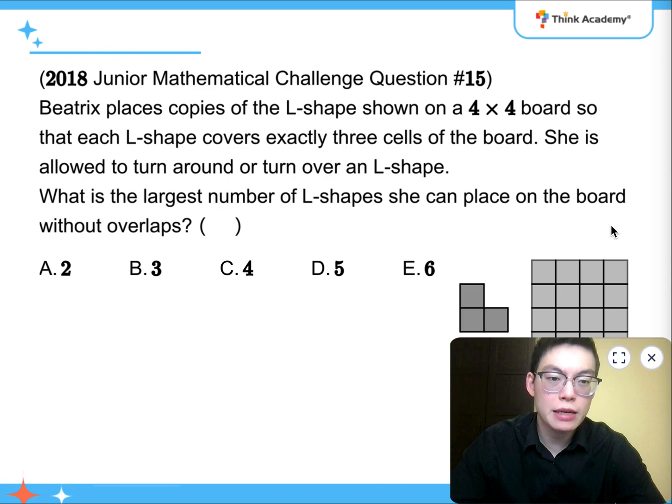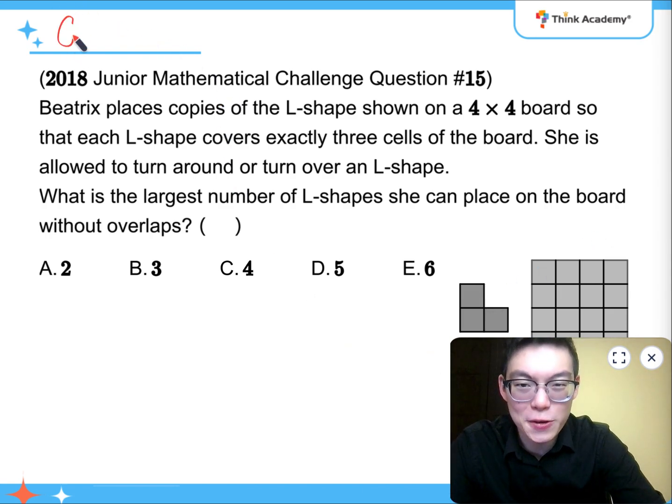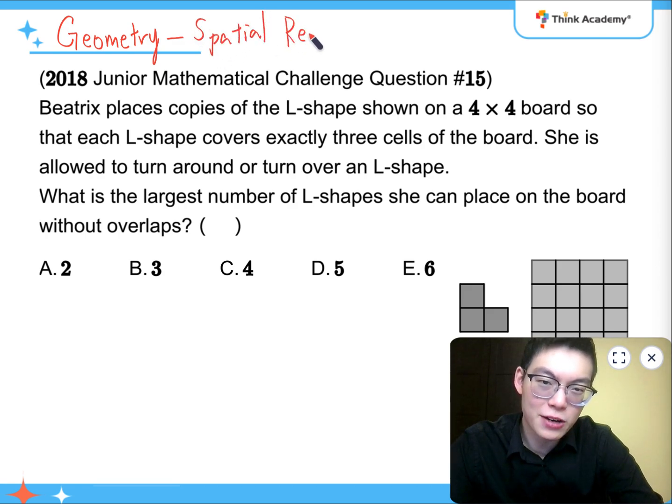And finally, the last question is, again, I know it might be some of your nightmares. This is the spatial recognition question. They just like to have these kinds of questions, don't they?